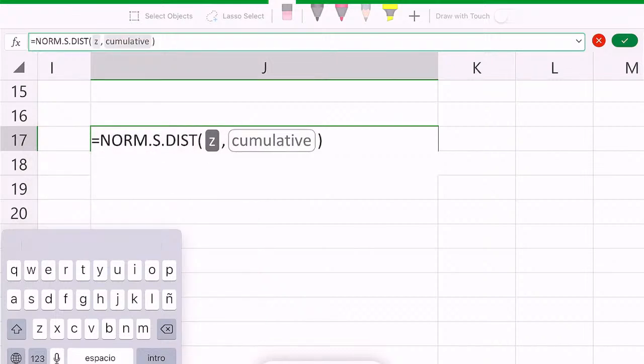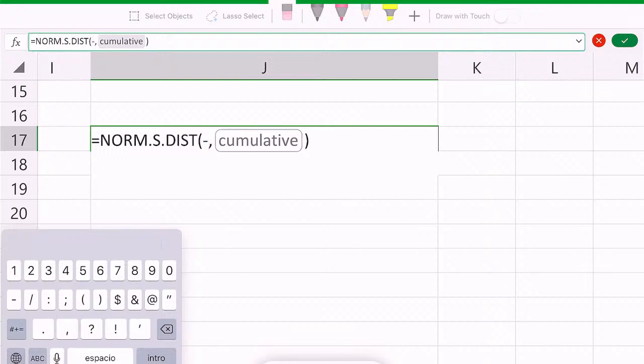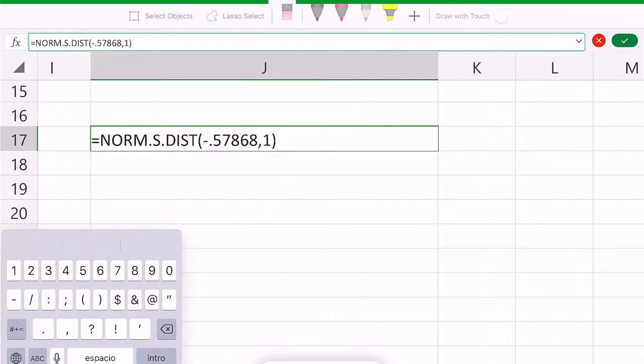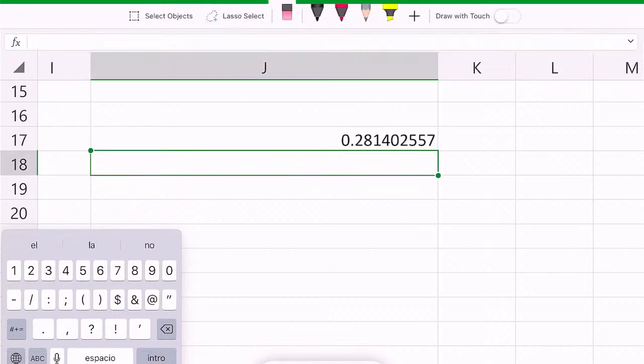Then you put the value, and in our case, it's a negative 0.57868, and then a 1. Now this is going to give us the left side. The 1 is that you want it cumulative. So that's going to be the left side, 28.